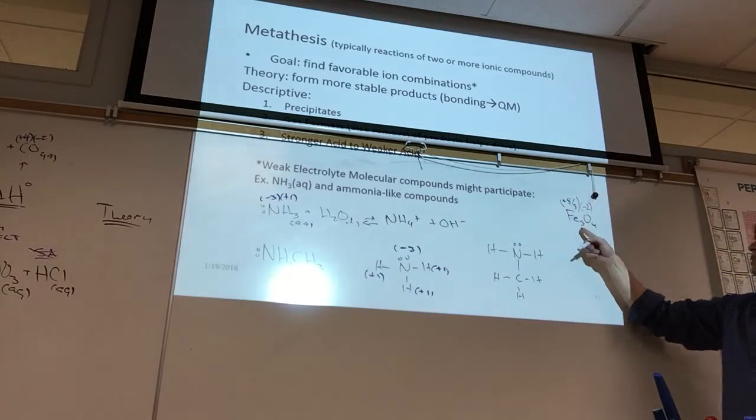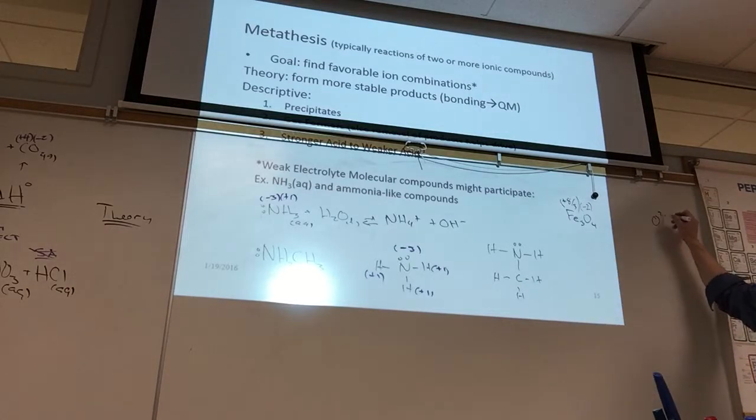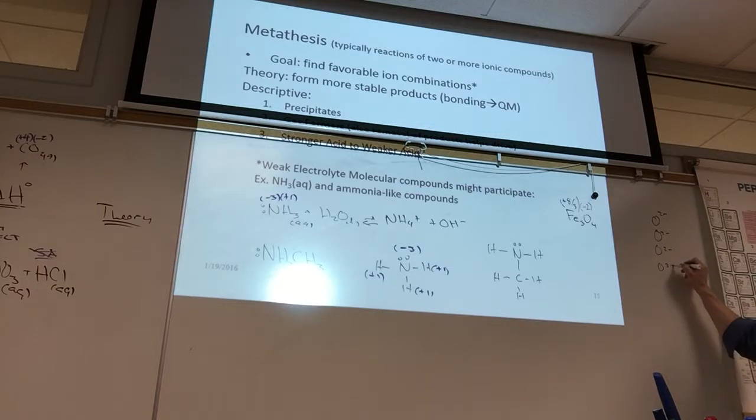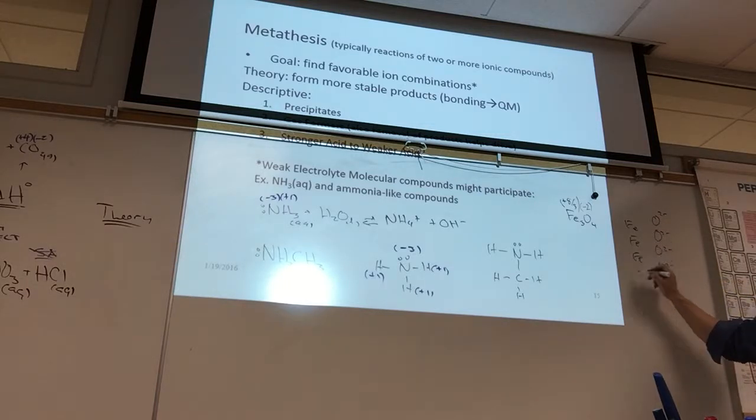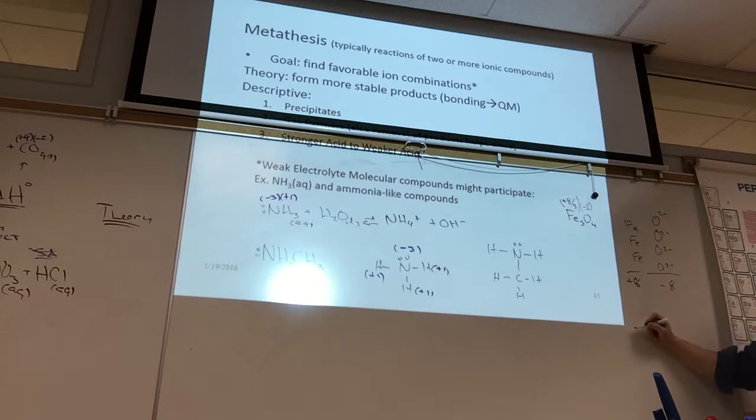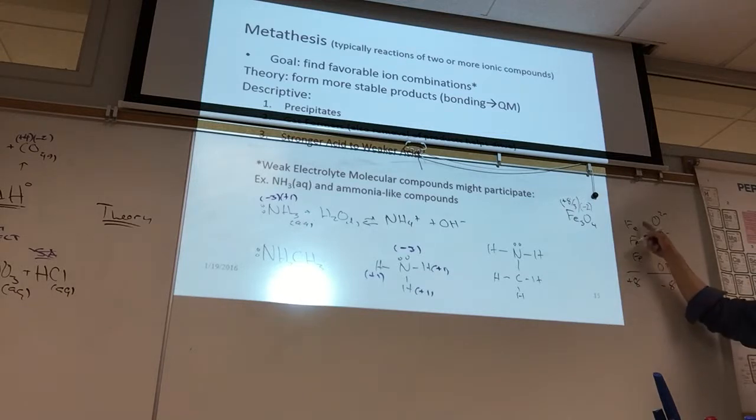We need a +8 on 3. In other words, we have 4 oxygens, each at -2, and 3 irons. And so the net negative charge is -8. The net positive charge has got to be +8. +8 divided by 3 gives us 8/3 on each.